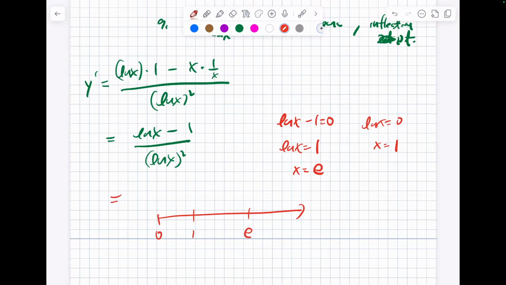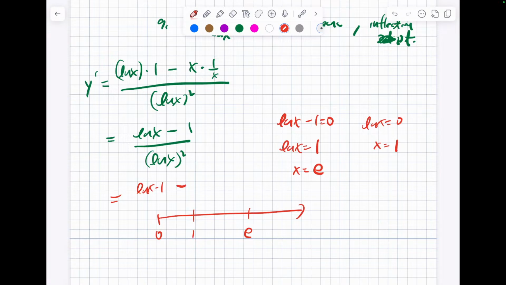And there's nothing below 0, so you don't need to worry about below 0. You need to worry about what happens when you plug in here. Ln of x minus 1: if I plug in between 0 and 1, it's going to give you a very large negative number, minus 1 is going to be negative.